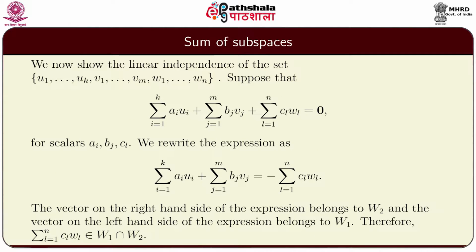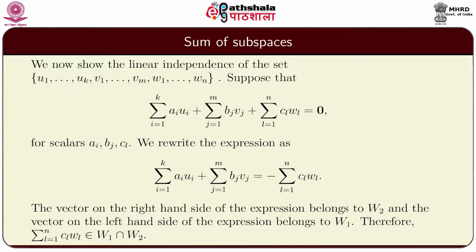We now show the linear independence of this set u1 and so on uk, v1 and so on vm, w1 and so on wn. Let us start with a linear combination of these vectors, equate that to the 0 vector. So, you can see ai, bj, cl are scalars, and we have this linear combination which is the same as the 0 vector.